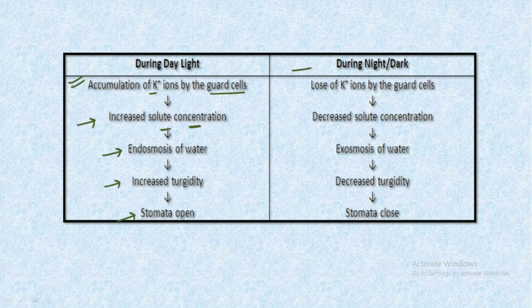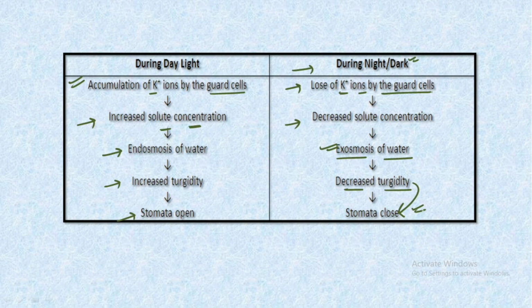And during the night time or during the dark time, when there is the absence of light, there occurs loss of K+ ions by the guard cells, decreased solute concentration. As a result, there occurs exoosmosis of water, and hence there occurs decreased rigidity, and finally the stomata closes. So this was all about the stomatal opening and closing.